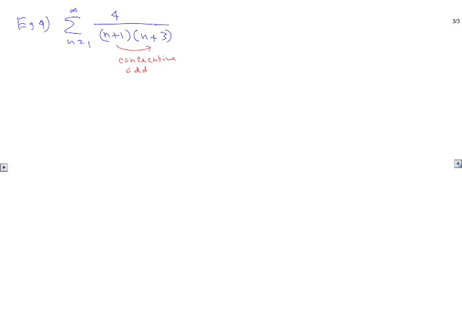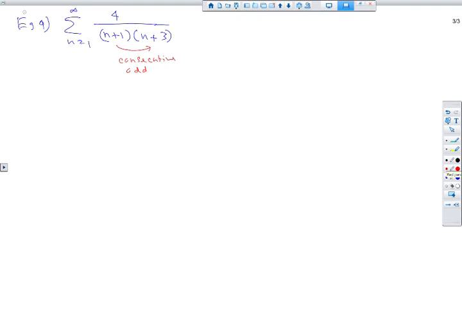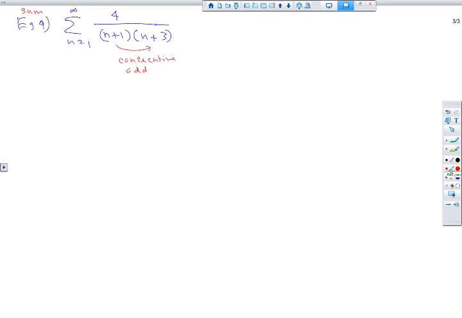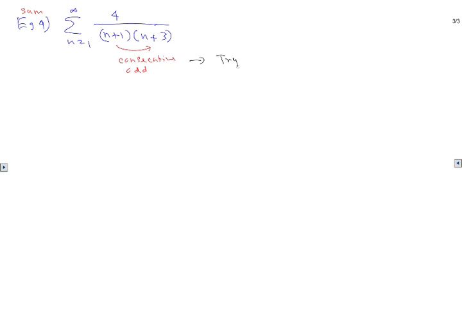But here, maybe they are asking to find the sum as well. If you need to find the sum, it's definitely geometric or telescoping, but this is telescoping. So you can use the telescoping series argument. Since it's consecutive odd terms, you're going to try telescoping.